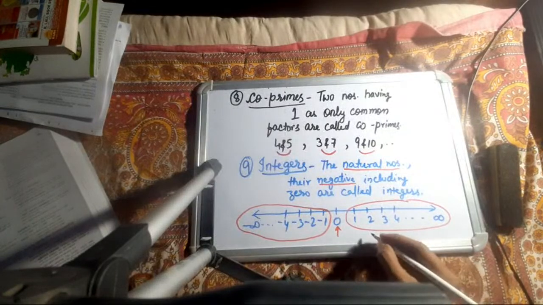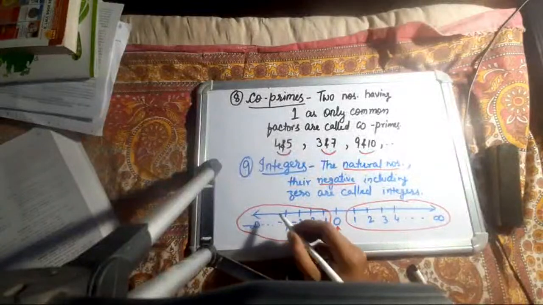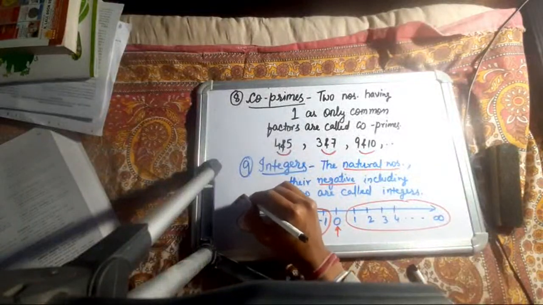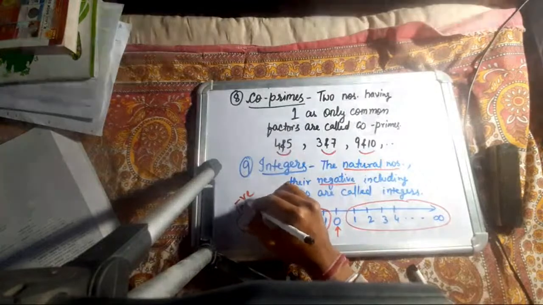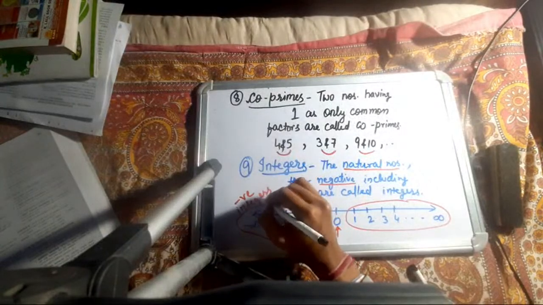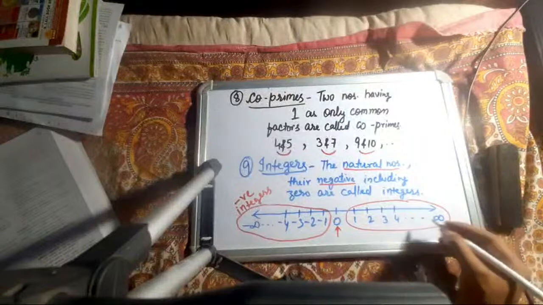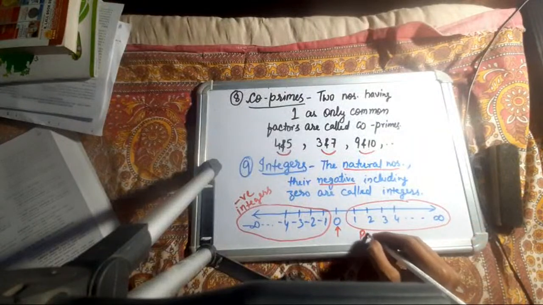So what do we call these parts? These negative parts are called negative integers, and these positive parts are called positive integers.